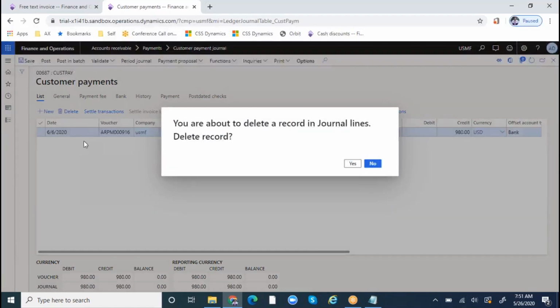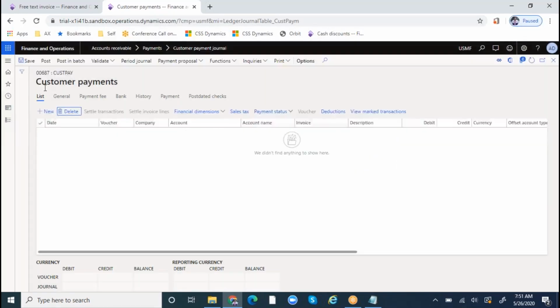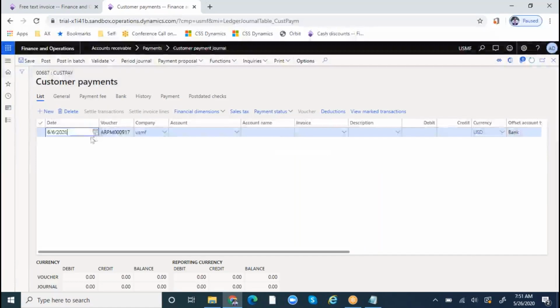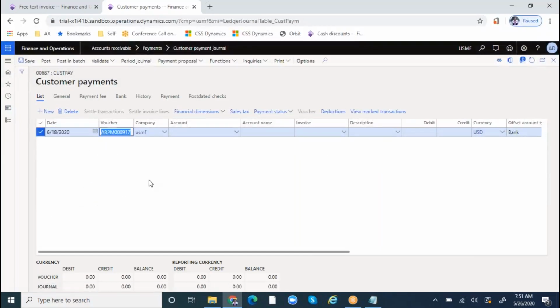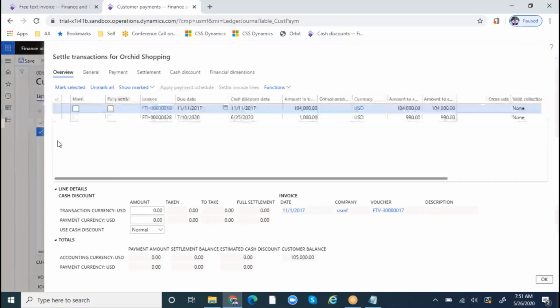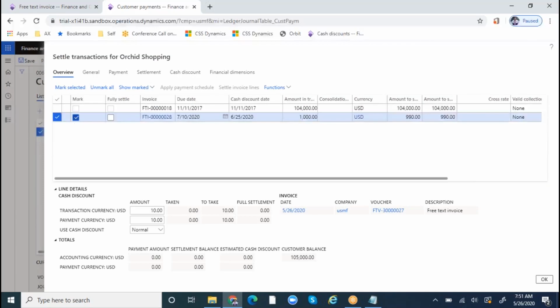Customer is paying on 18th of June. Settle transactions. Now if you select, see it is showing clearly the discount amount.